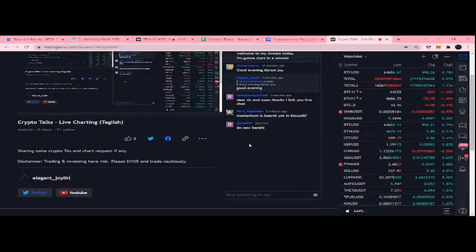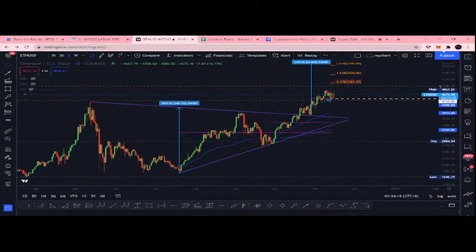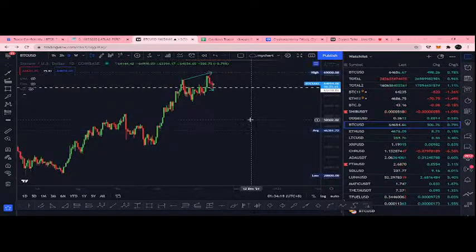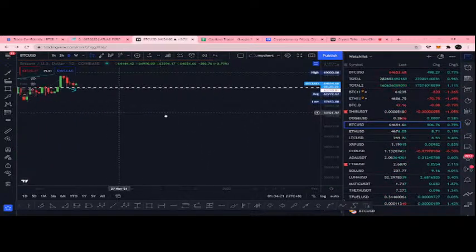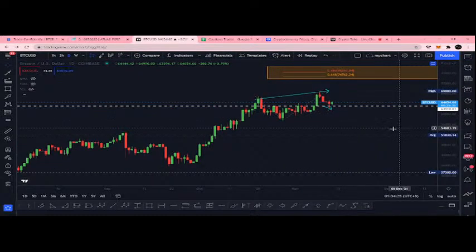Momentum is bearish yet in BTC USDT. So for BTC, actually I'm expecting a possible reversal already.